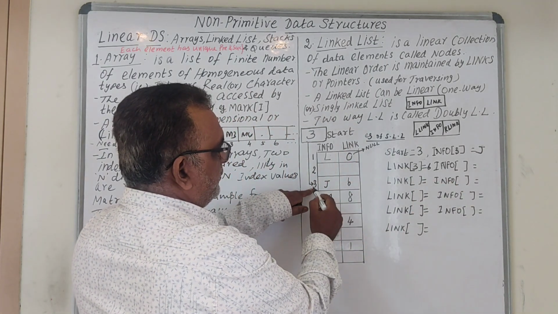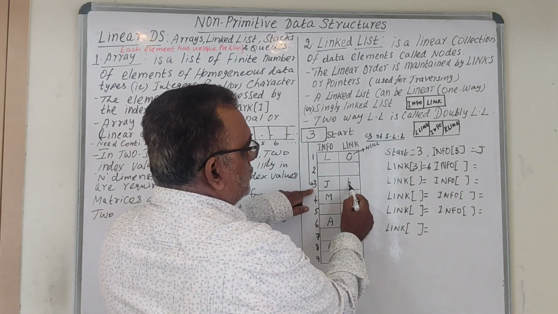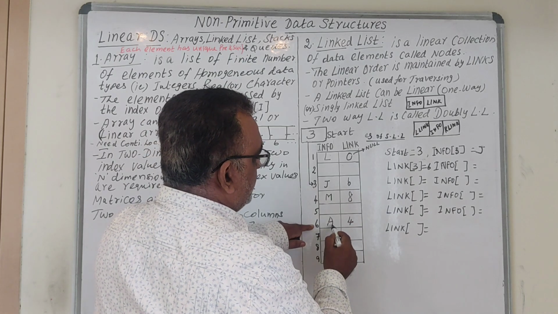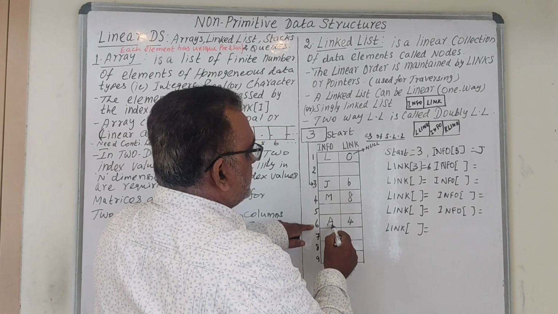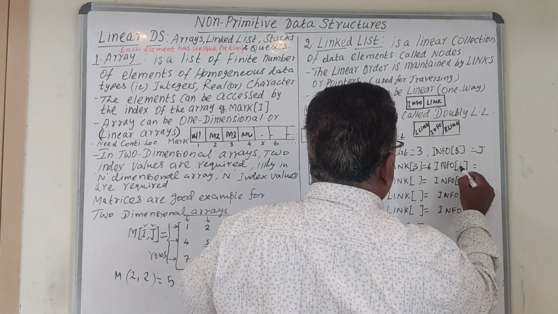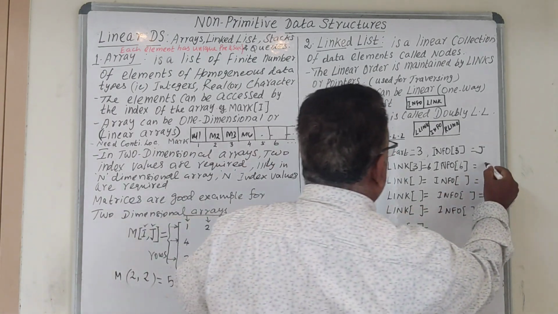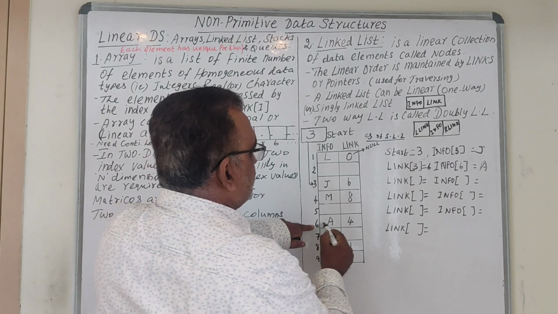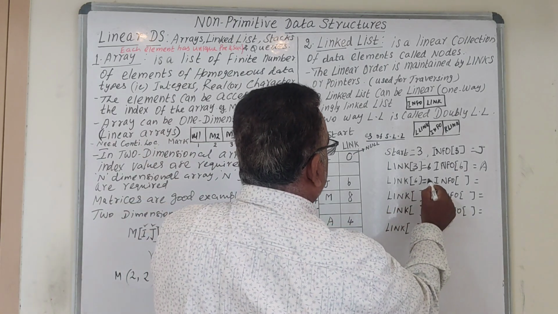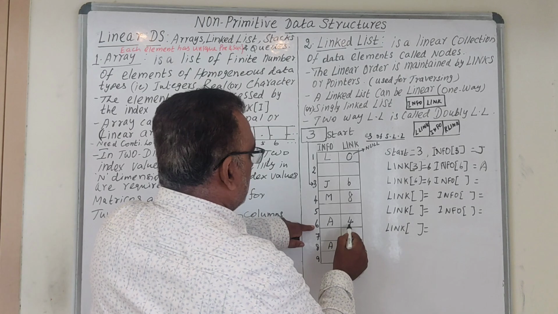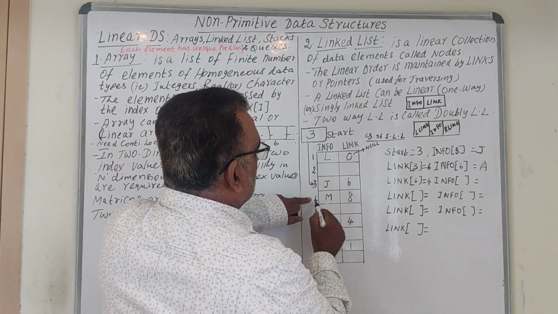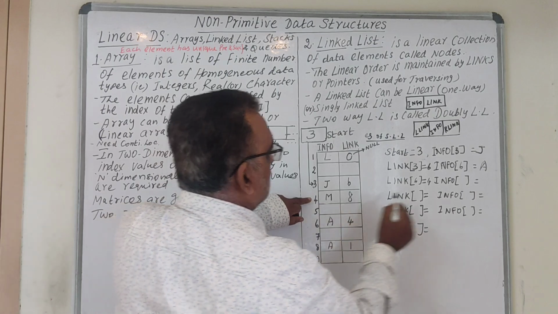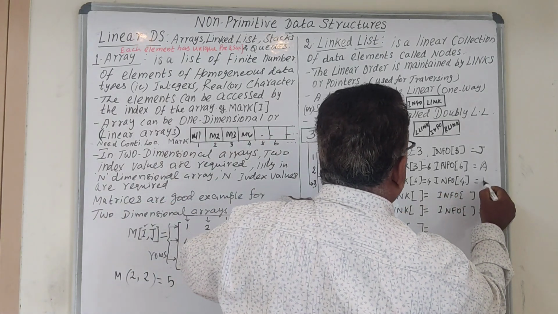This is the link part of 3. So go to location 6. The information part of location 6 is A. And the link part of location 6 is nothing but 4. And go to 4. In 4, the information part of location 4 is nothing but M.